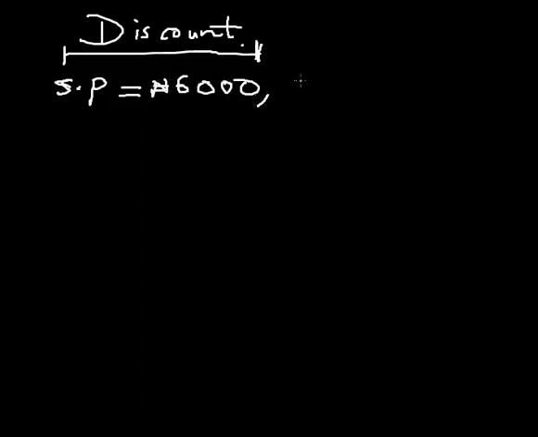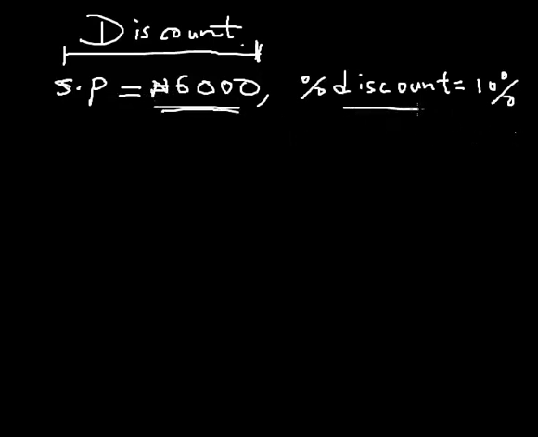But let's say you are being given a discount in percentage. So for every good that you want to buy, you get a percentage discount of, let's say, 10%. So for you to actually buy this goods with this discount, first the discount must be subtracted from this amount. So first of all, let's get the discount.